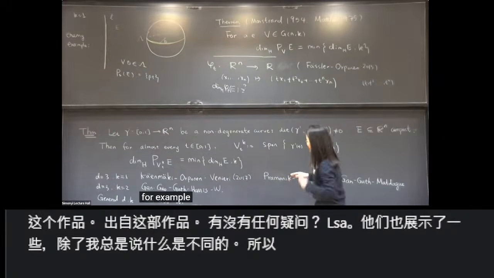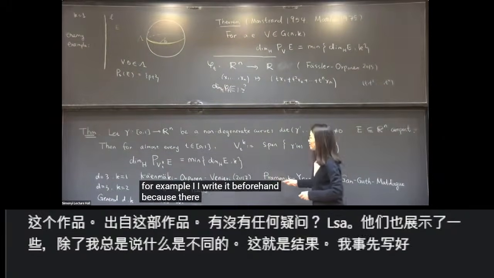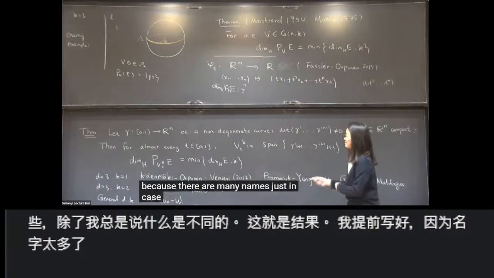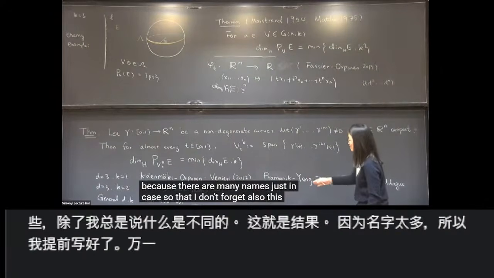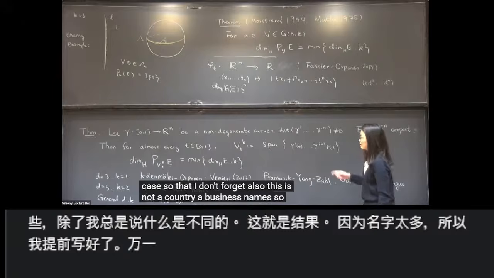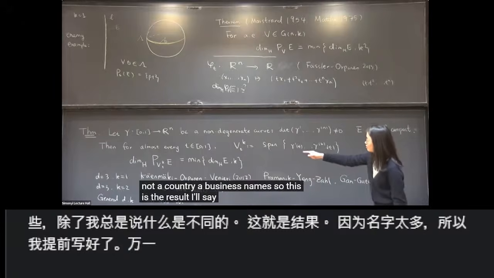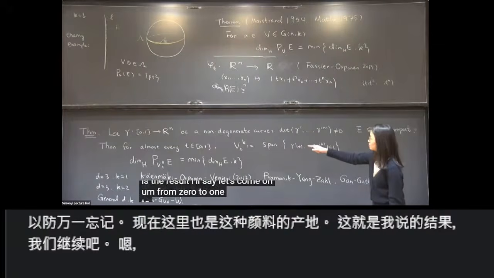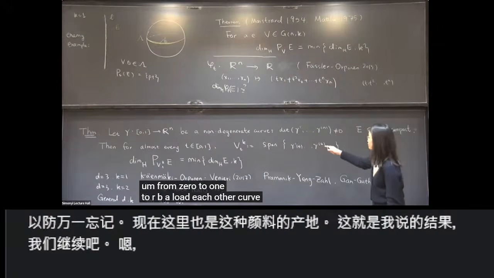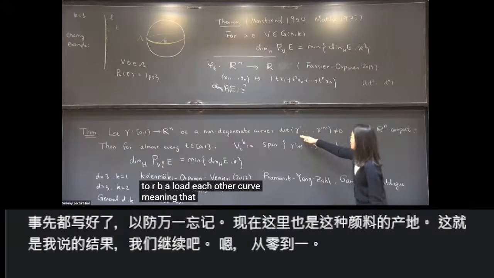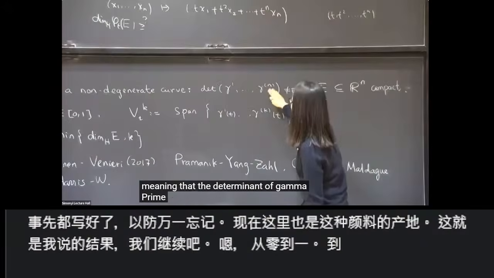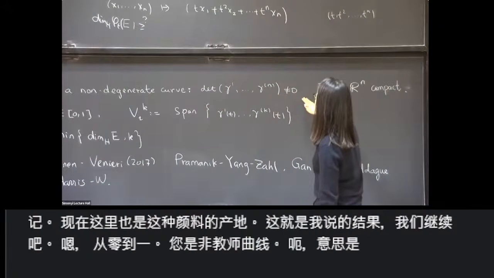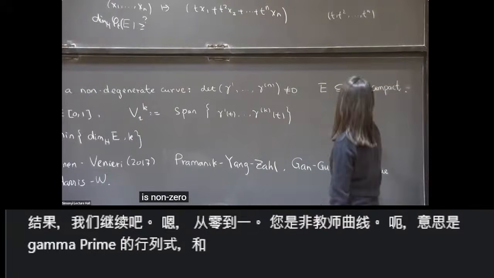This is the result. I wrote it beforehand because there are many names, just in case, so that I don't forget. Also, this is not a complete list of names. Let gamma from [0,1] to R^n be a non-degenerate curve, meaning that the determinant of gamma prime up to gamma to the n is non-zero.